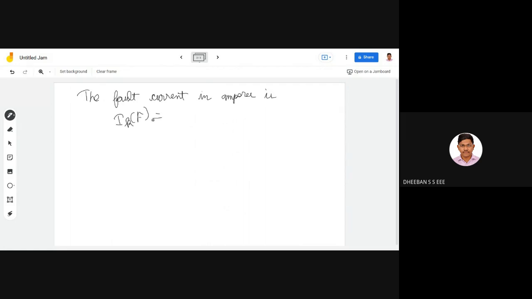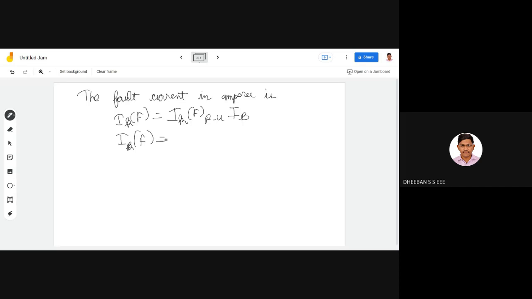Okay, so this is in amps. So now we are speaking about amps, which is nothing but your per unit value into the base value. So you have to multiply your per unit value into your base value, what we have found, I_B. So with respect to this, it is very easy to get your value of fault current in amps.